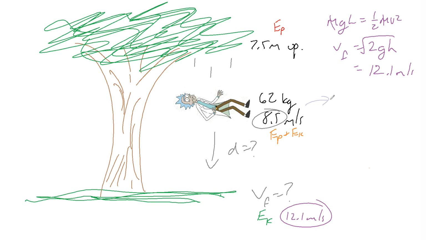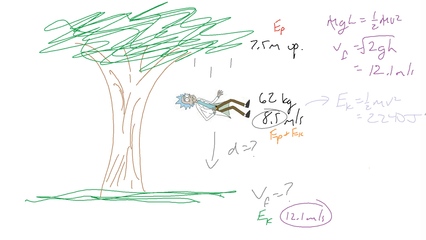At this location right here, his EK would be 1/2 mv squared. So I'll just do the 1/2, I've got his mass of 62, now times that by the 8.5 squared, and I get a kinetic energy of, rounding off a little bit, 2240 joules. So that's how much kinetic energy he has right there.